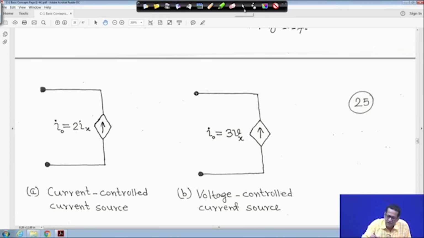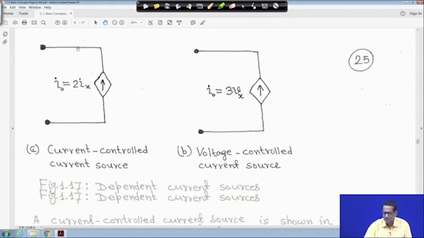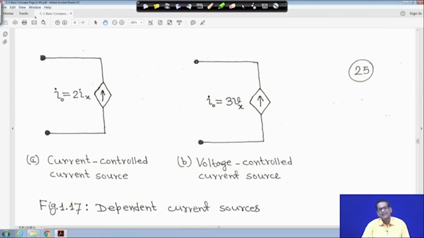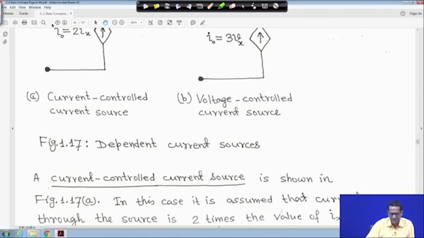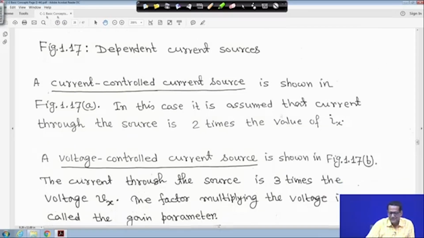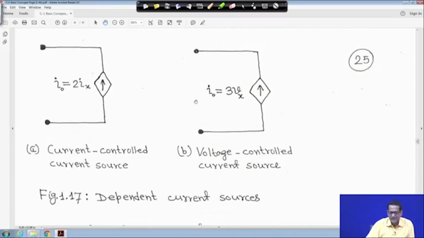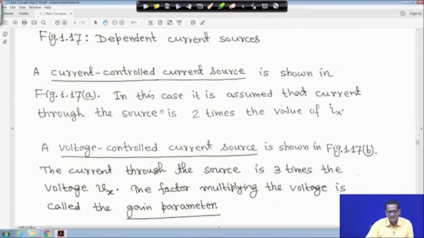We have now seen the dependent voltage source and the dependent current source, both dependent on either voltage or current. Whatever I said about this circuit is explained here.